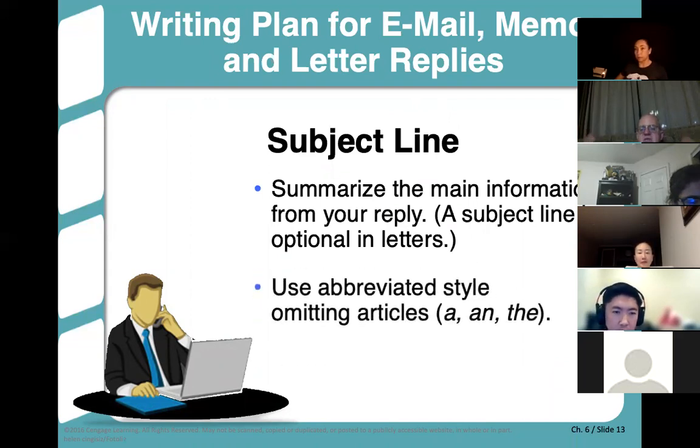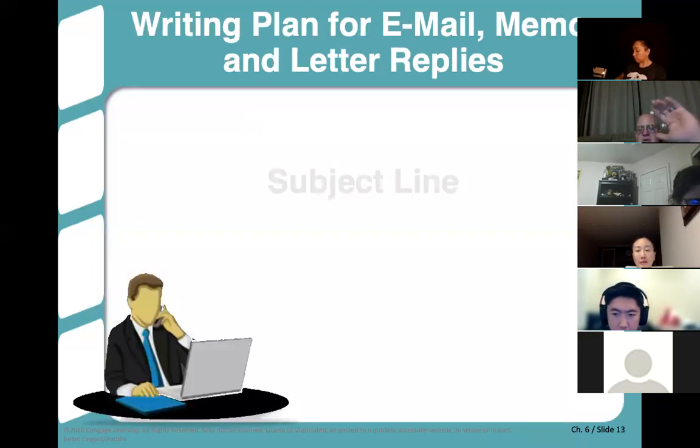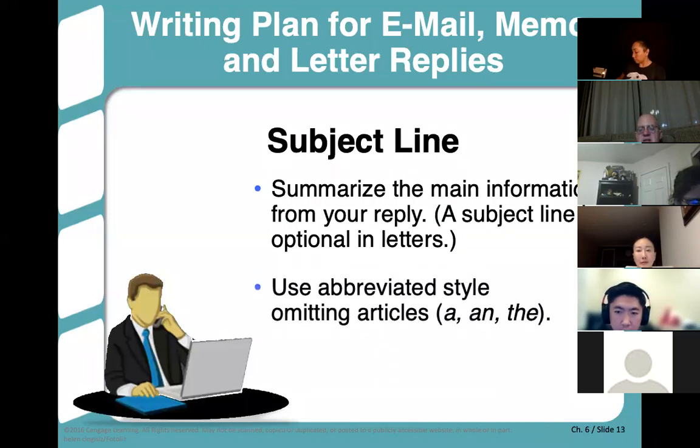We're going to use an abbreviated style. Notice when we look at the example that was written, please draft employee email policy, that's not a complete sentence. If you were going to flesh it out, you've got the opening line for that. Like you've got a and to and and that kind of thing, right? We omit those in the subject line.